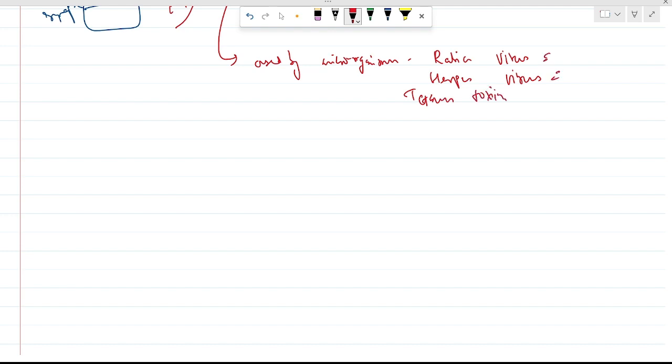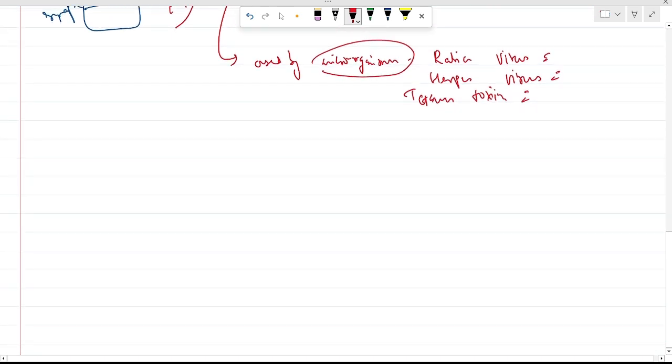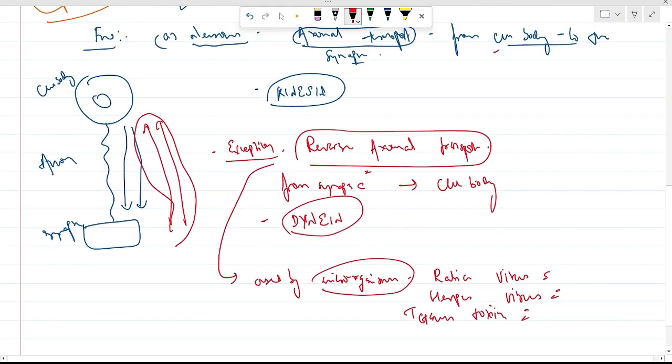Rabies virus, herpes virus and the tetanus toxin. Microorganisms use the reverse axonal transport for their infection and further spreading. First function we have seen in the neurons.